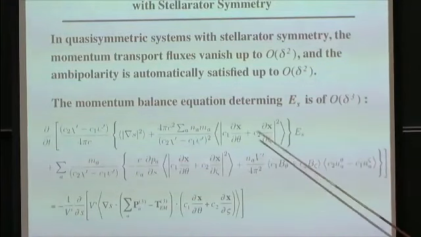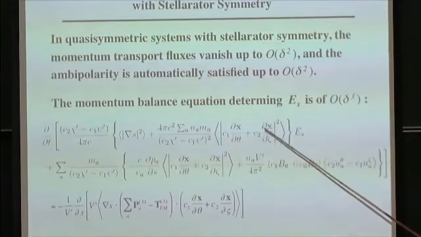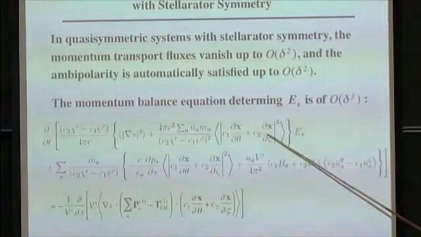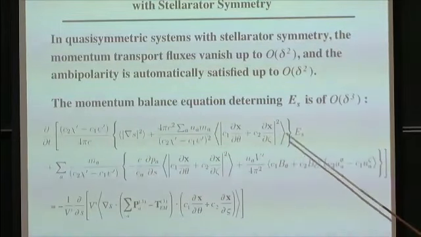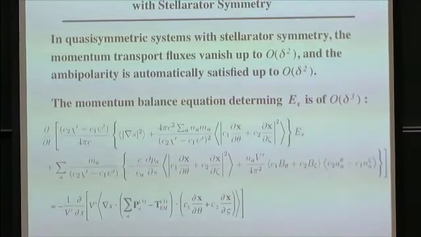Also, if we consider the C2 equals 0 case, C1 equals 0 case, that corresponds to the axisymmetric case, so stellarator symmetry with no dependence on the zeta angle. In this case, this equation is valid for tokamaks with up-down symmetry.